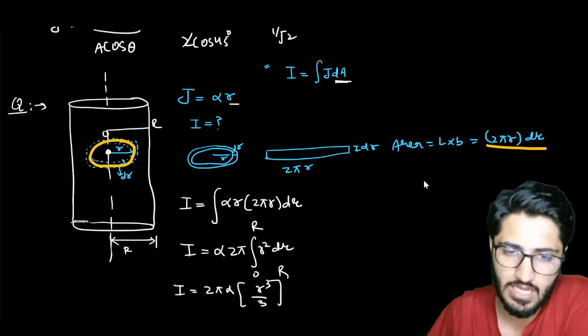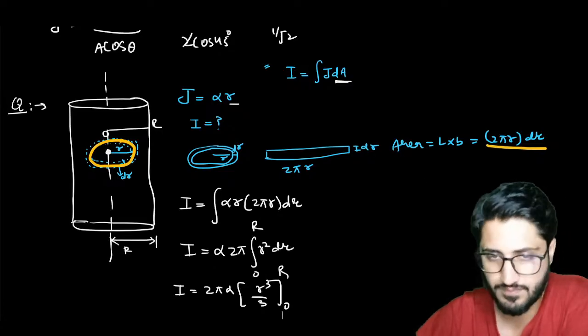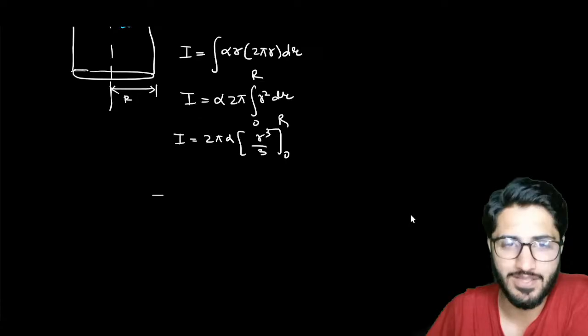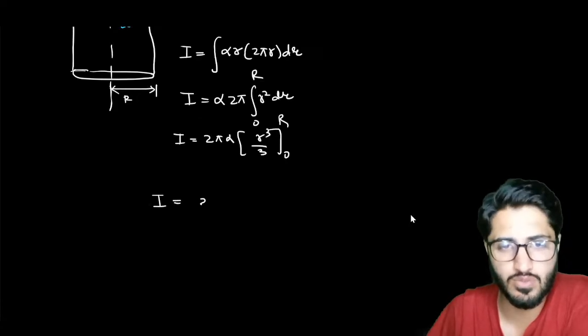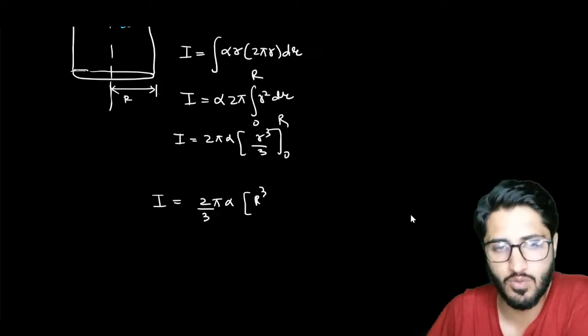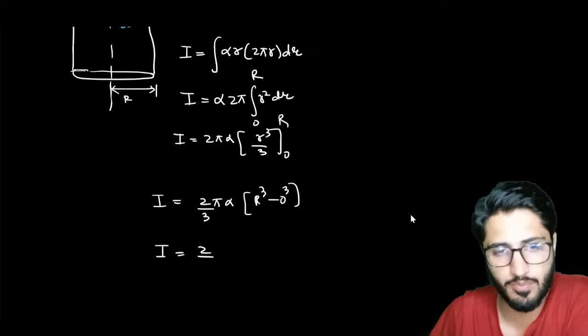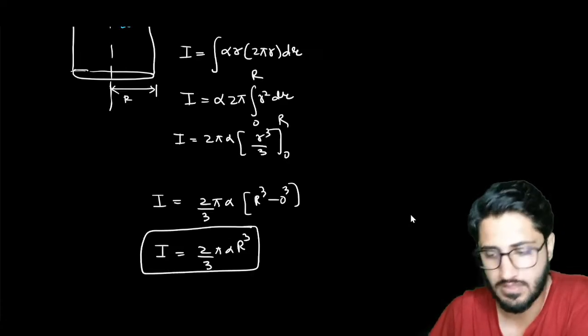Upper limit is R, lower is 0. So it is 2 by 3 pi alpha into R cube minus 0 cube. So I came out to be 2 by 3 pi alpha R cube. This is my answer.